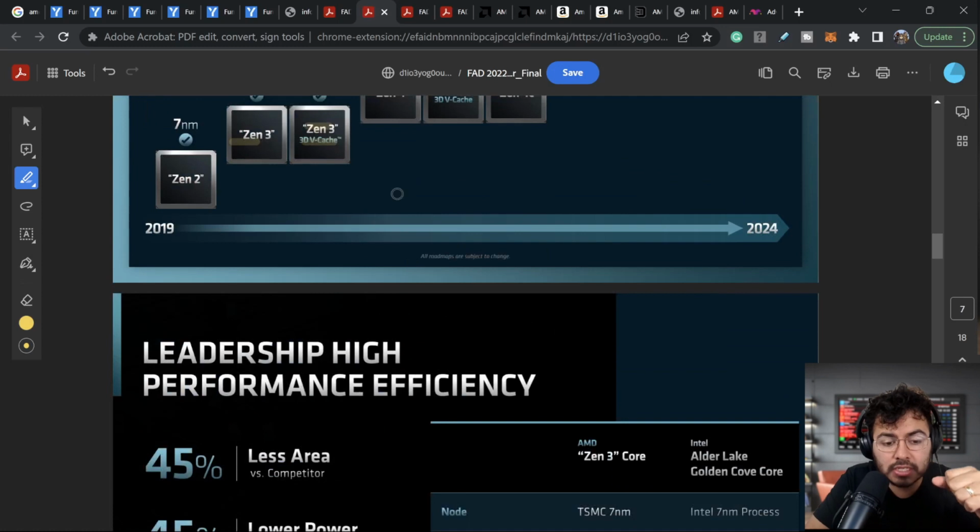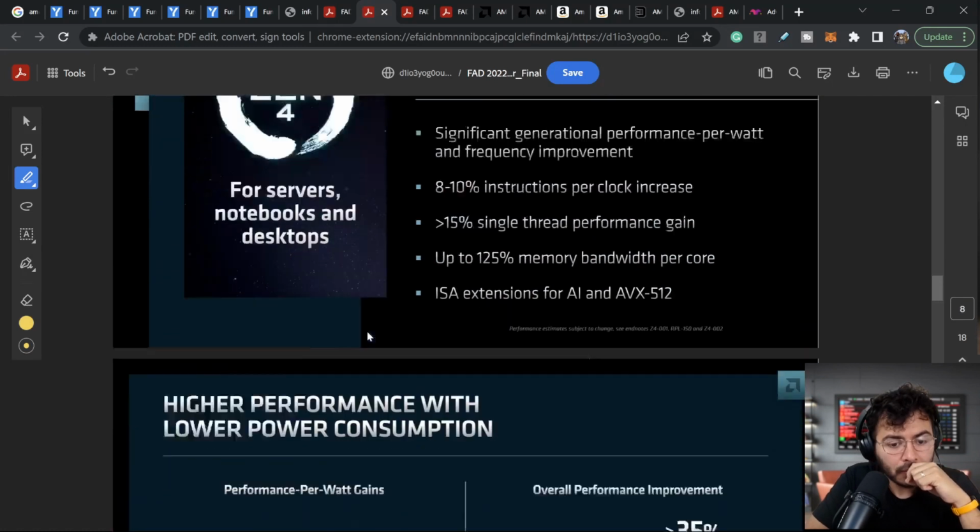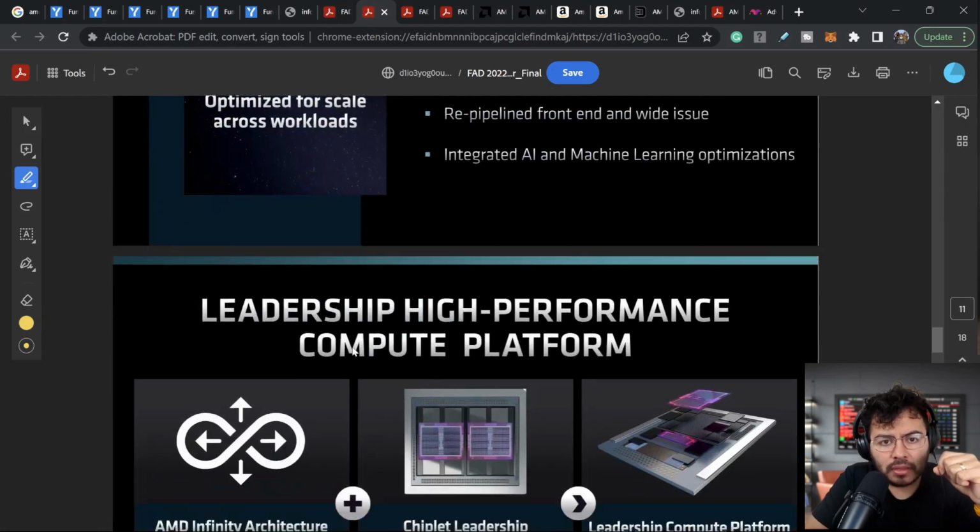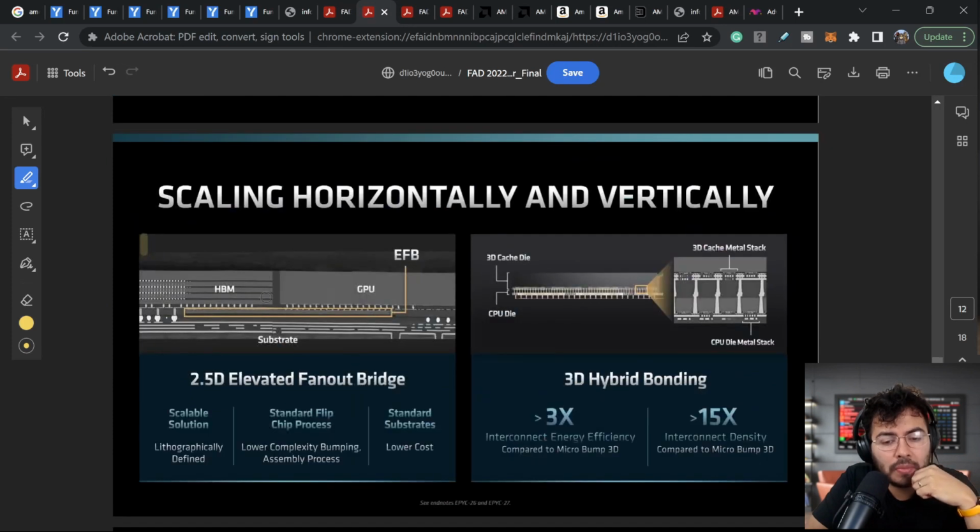So we can see this is their CPU product road map. I do believe here we're going to see more of a GPU road map, but here we can talk a little bit more about advanced packaging. If you have been watching the channel, you know that there's something called advanced packaging that is very important to create a lot of these advanced chips. AMD is one that uses 2.5D and 3D hybrid bonding.